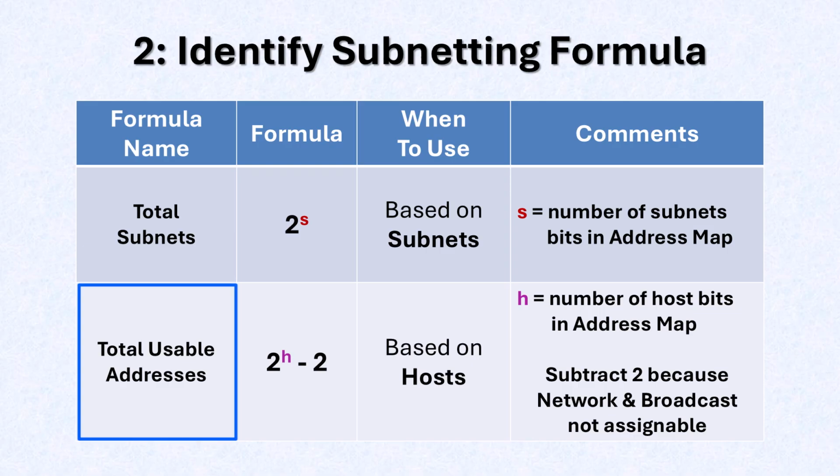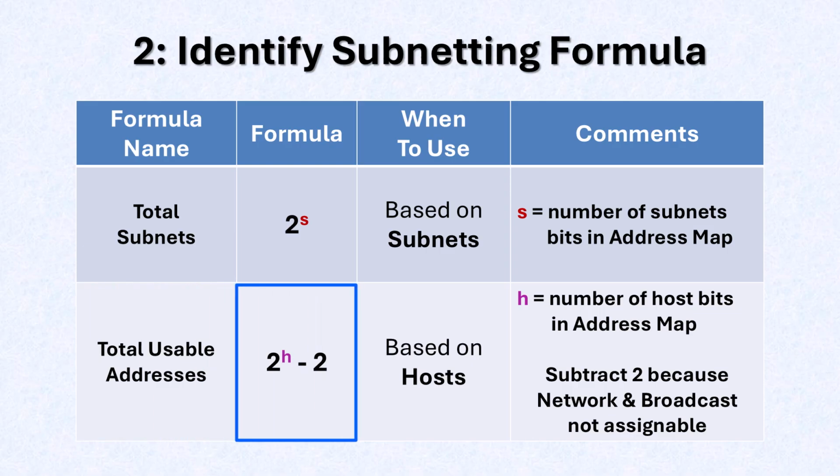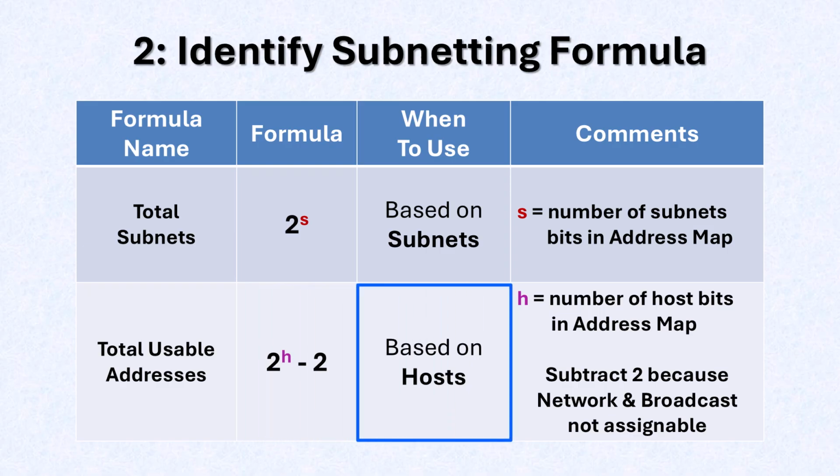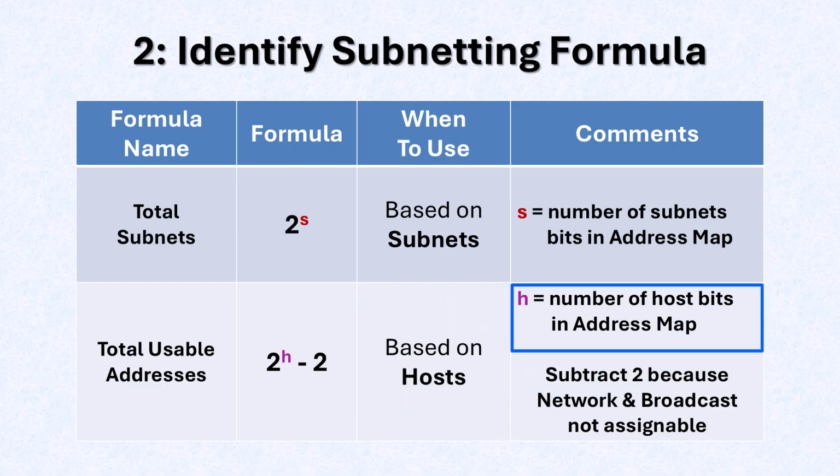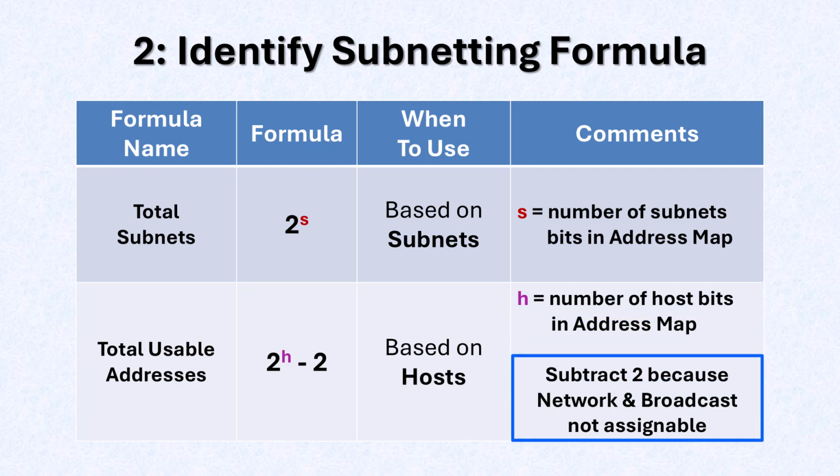We use the total usable host addresses formula, 2 to the h minus 2, when subnetting based on the number of hosts, and solve for h. In this case, h is the number of host bits needed in the address map. We subtract 2 because, as we know, the network and the broadcast addresses cannot be assigned to a device.